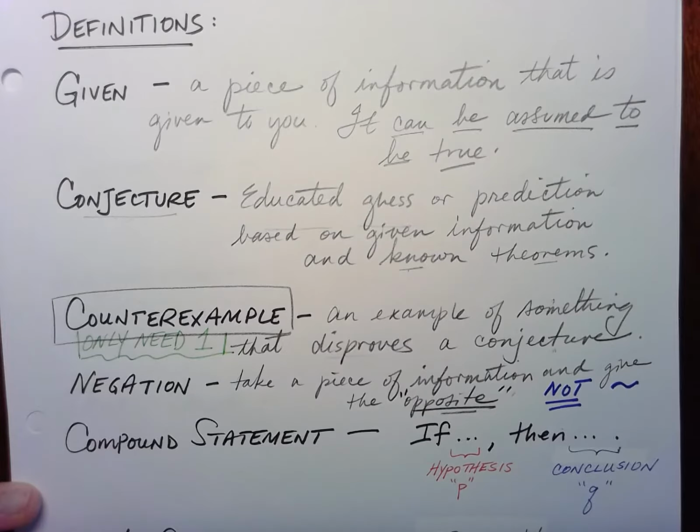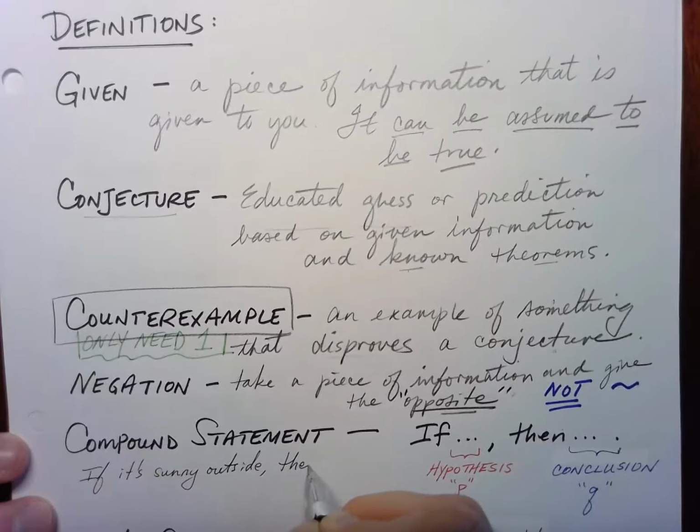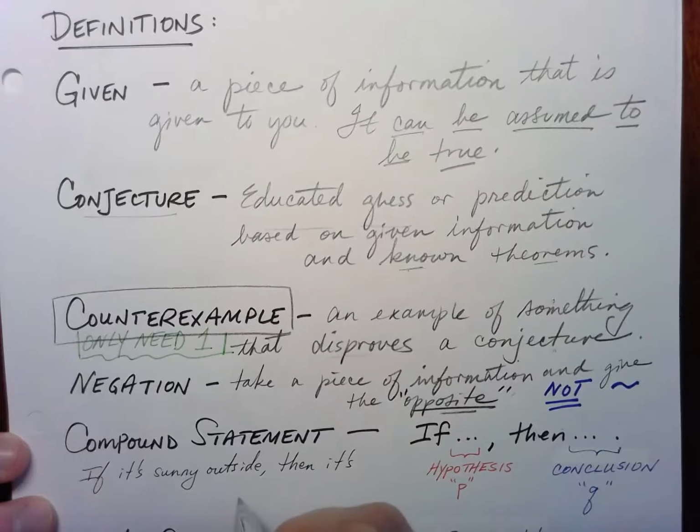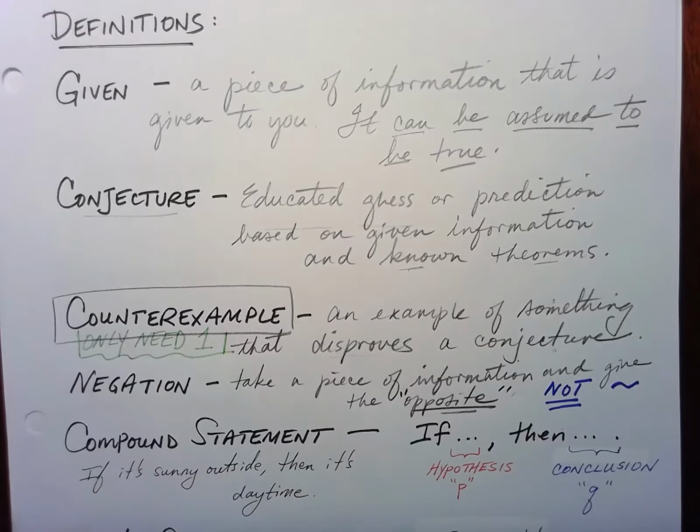So you might say a compound statement would be like, let me just grab a pen here. Okay, so what if we say, if it's sunny outside, then it's daytime. I have an idea.